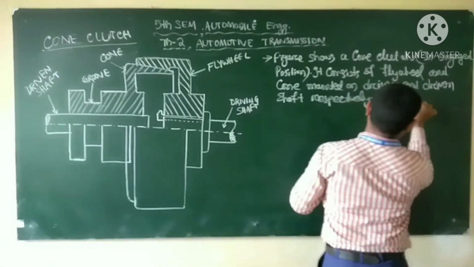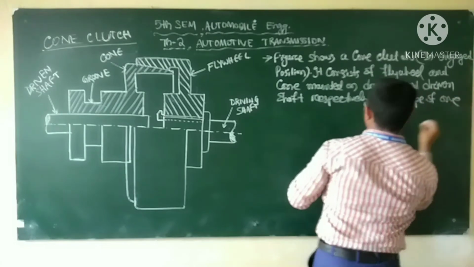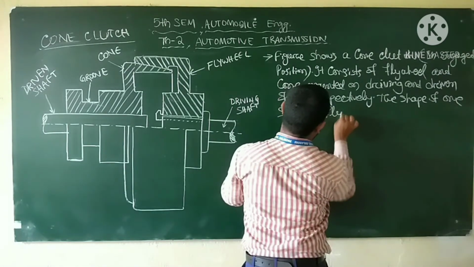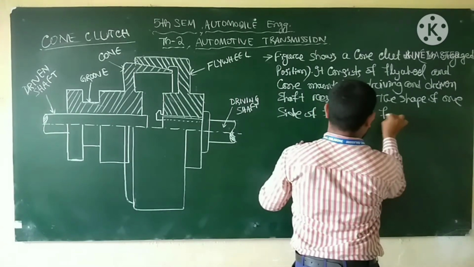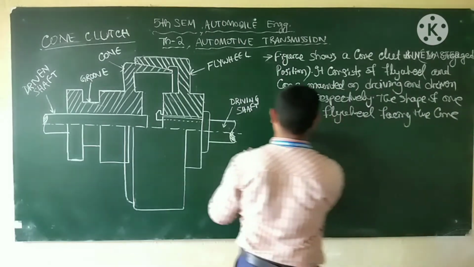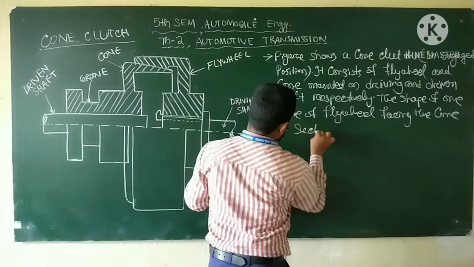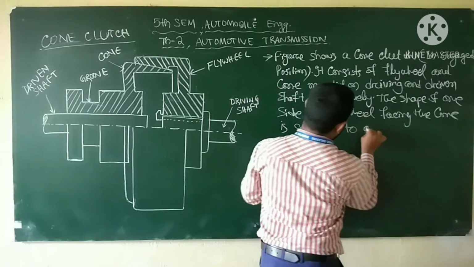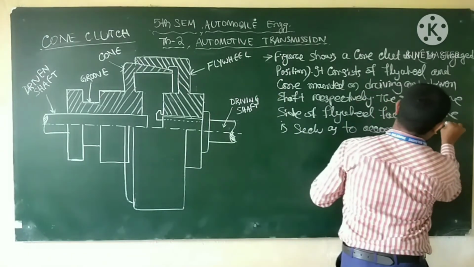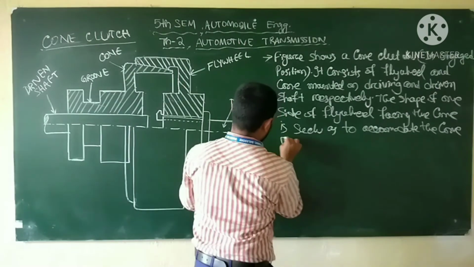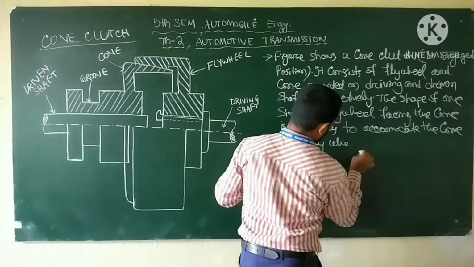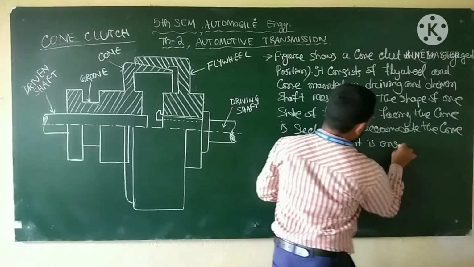The shape of one side of the flywheel facing the cone is such as to accommodate the cone readily when it is engaged.